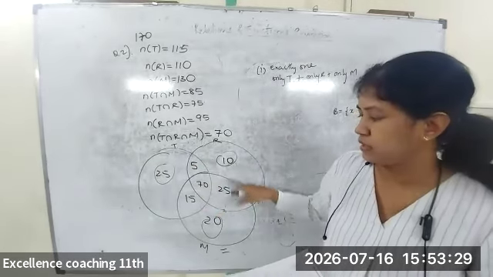And second one, television and magazine. Where is television and magazine? This area. But I don't want radio. So radio circle you remove. Wait, I made a mistake. Television and what? Yeah, magazine.